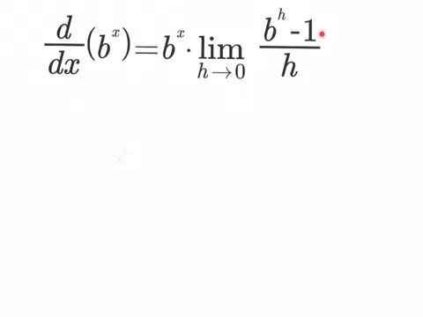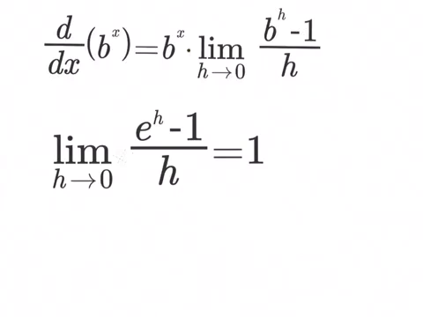That is, it'll be the number where, if b is the base, the derivative of e to the x will be e to the x. We'll just define it that way, that this limit will be 1. So let e be the number that makes this limit equal to 1.